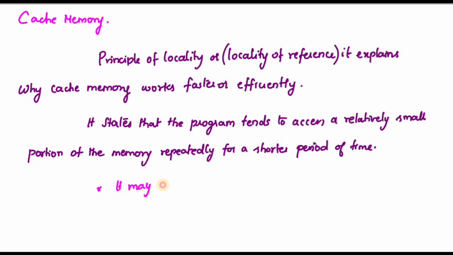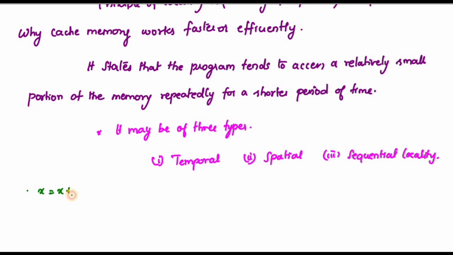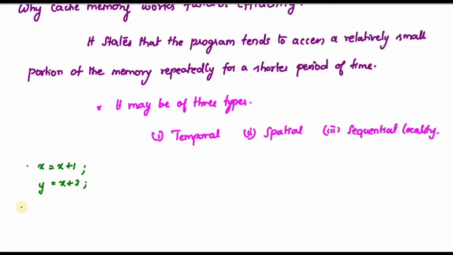It may be mainly of two types. Here we are going to see three types, because temporal and spatial are the main types, and sequential locality is a subset of spatial locality.